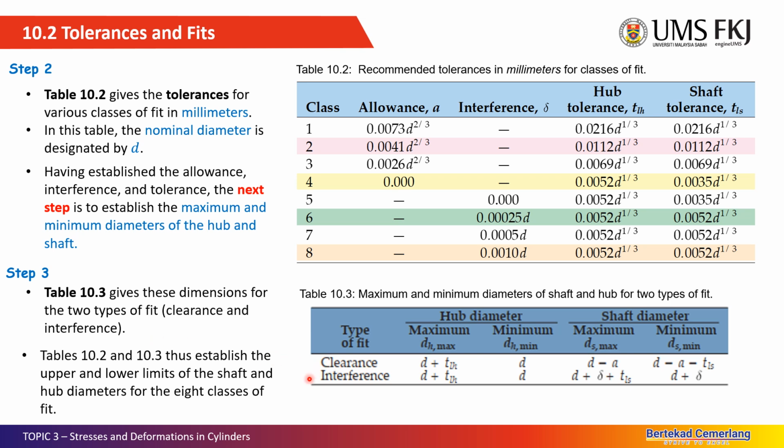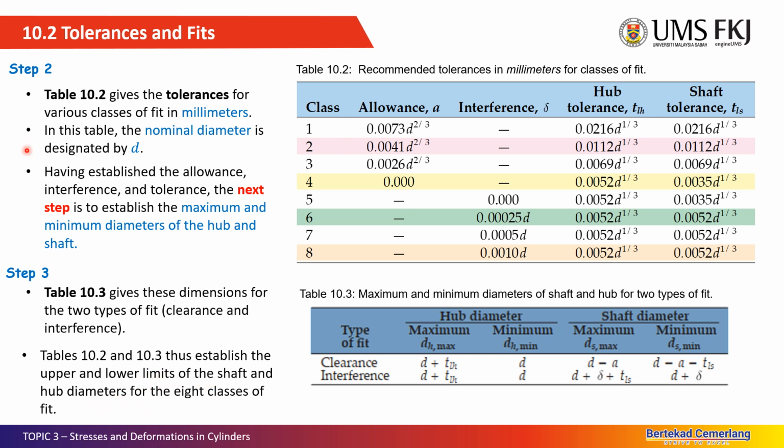With table 10.3, you determine the maximum and minimum diameter of shaft and hub. So tables 10.2 and 10.3 establish the upper and lower limits of the shaft and hub diameter for the 8 classes of fit.